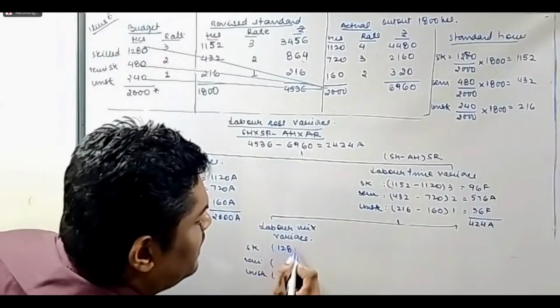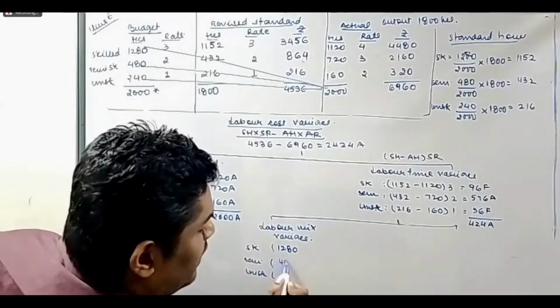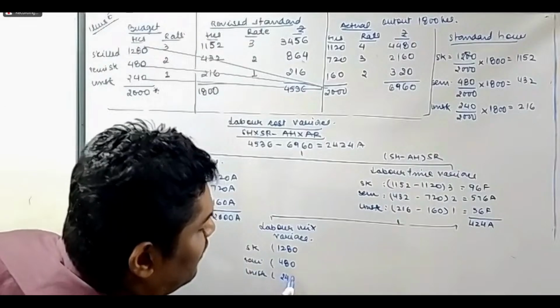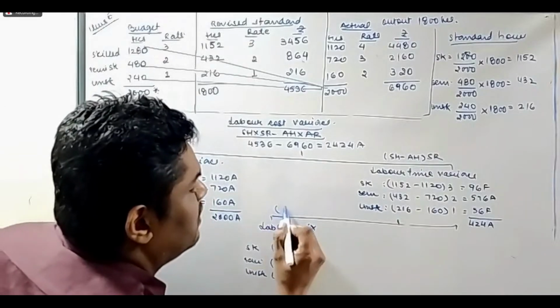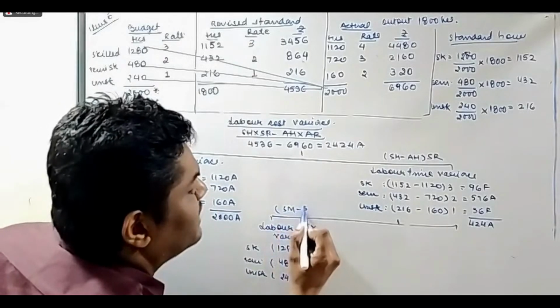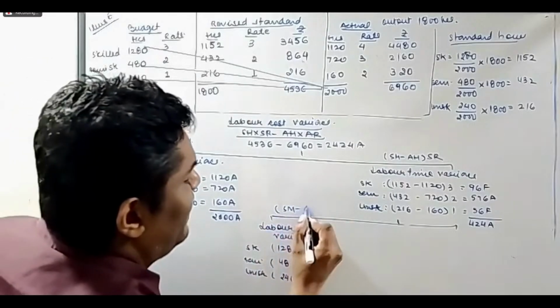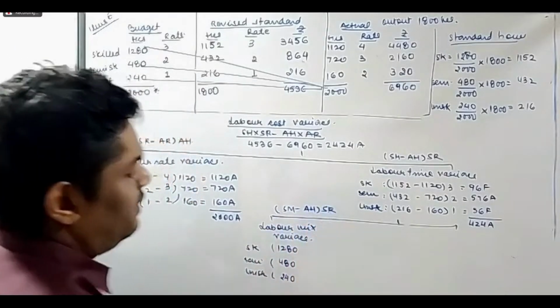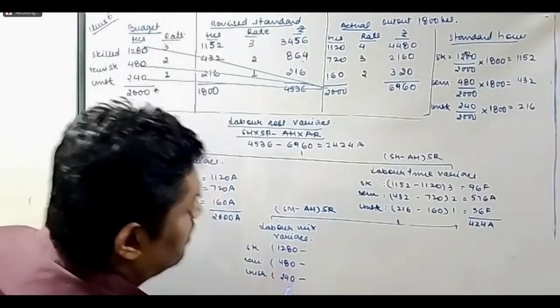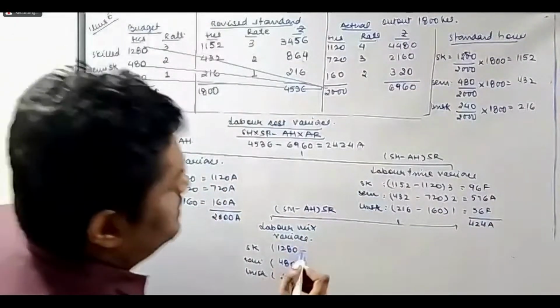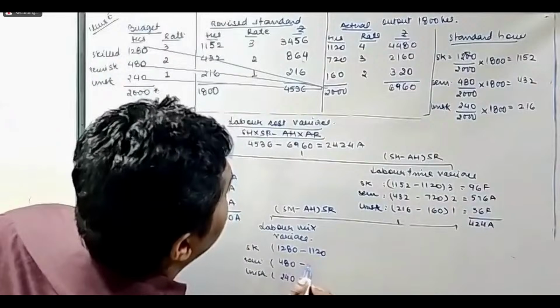So 1280, 480 and 240. This is my standard mix minus actual hours into standard rate, minus 1120.